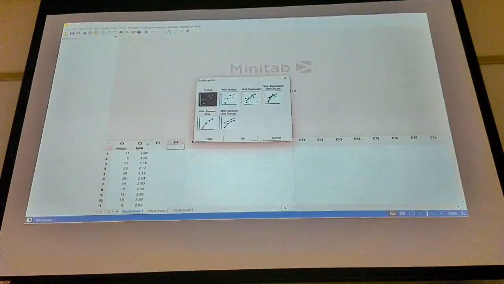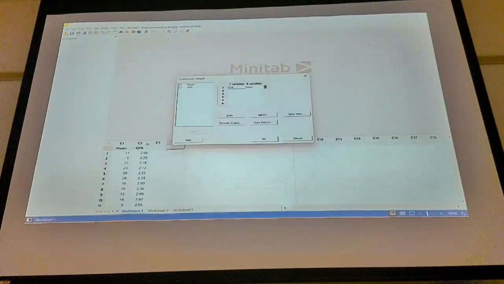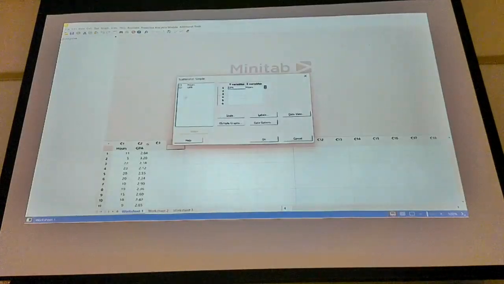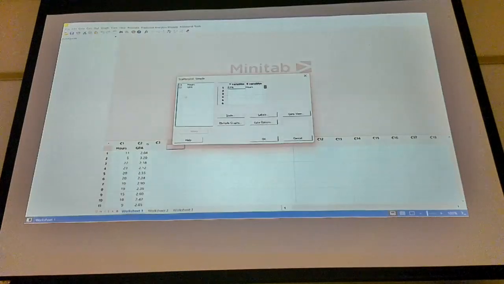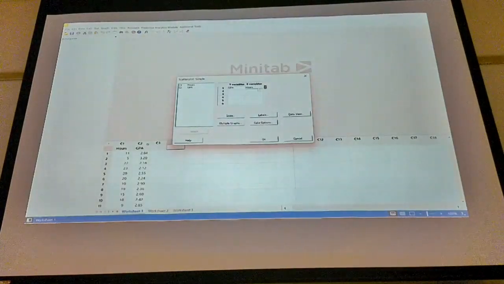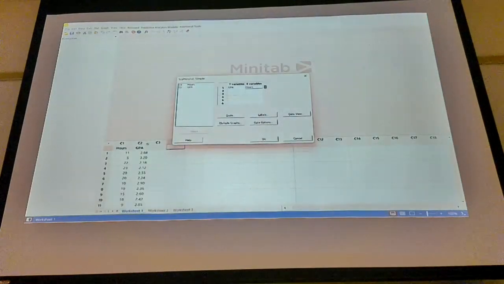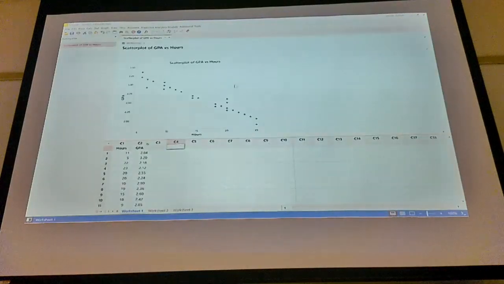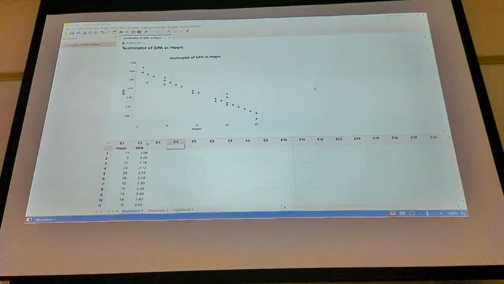I could do it with regression, but for now, just simple. Now you need to determine what is your y variable, what is your x variable. So what is the explanatory variable here? Hours. The response variable would be GPA. So hours is x. That's your horizontal. Hit OK, and there's your scatter plot.